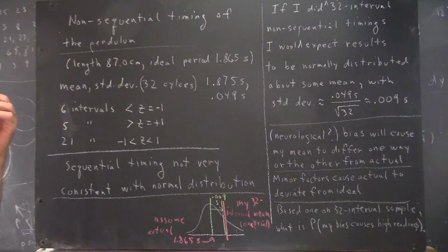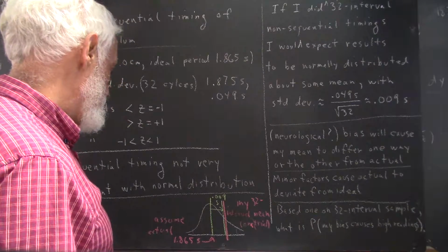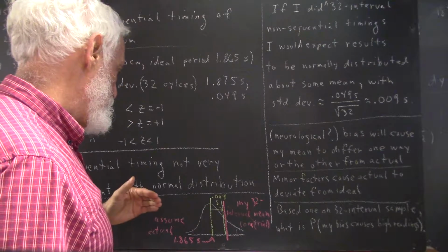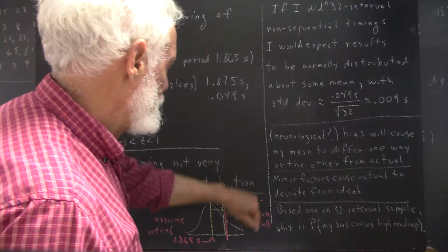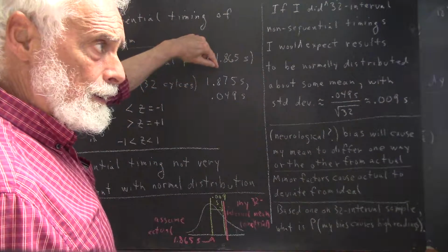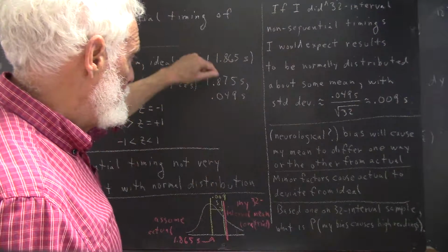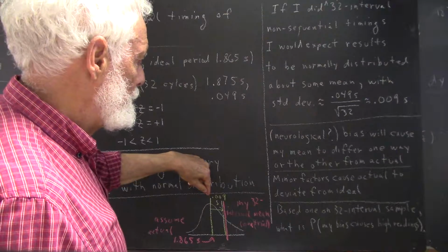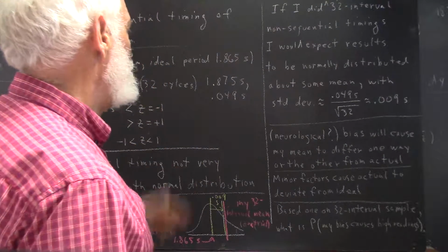So if you were to have an opinion on my 32 interval mean, it would be that it is higher than the actual, but not so much so that it's really a compelling result.